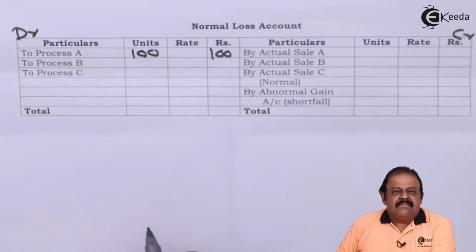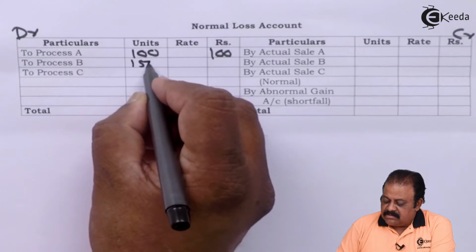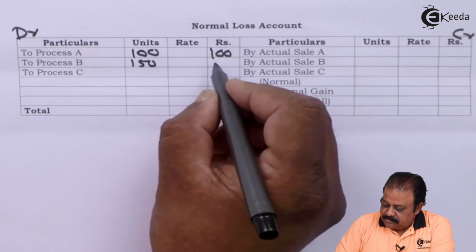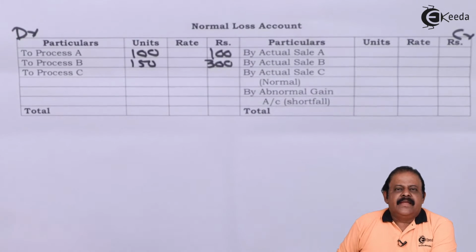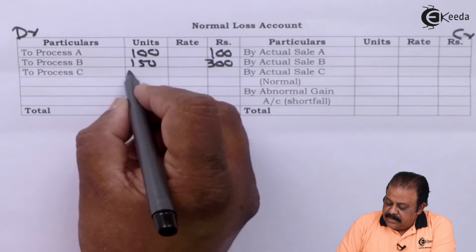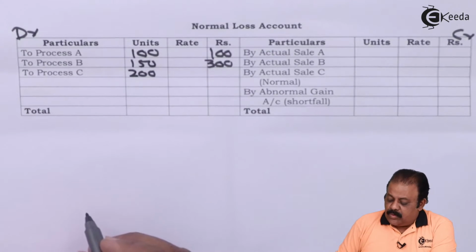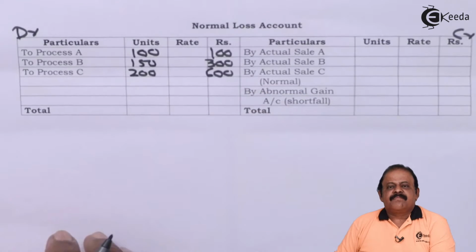In process B, it may be 150 units, per unit say 2 rupees, so 300. In process C, it may be 200 units at the rate of 3 per unit, so 600.